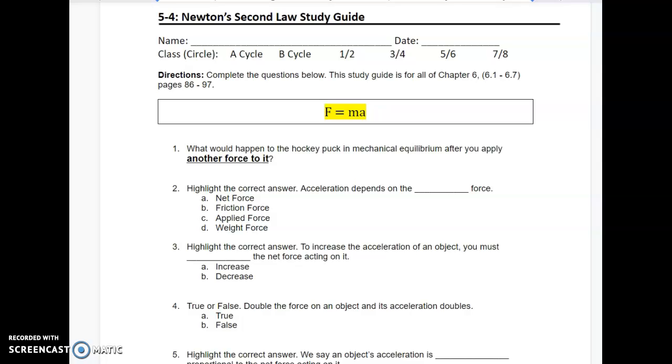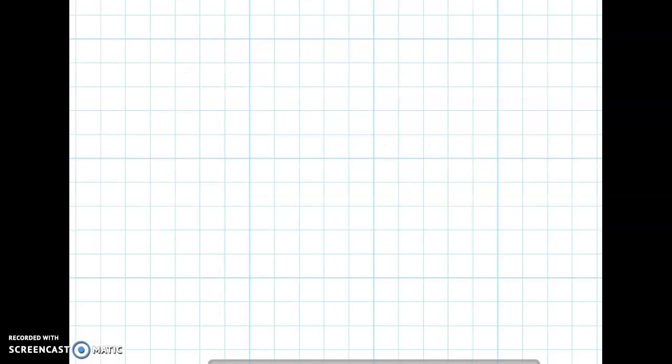All right, so number one, what would happen to the hockey puck in mechanical equilibrium after you apply another force to it? So let's just see this out, right? If we were to draw an FBD, so let's draw an FBD for this hockey puck. Originally, it's in mechanical equilibrium, so I'll just draw FBD1.